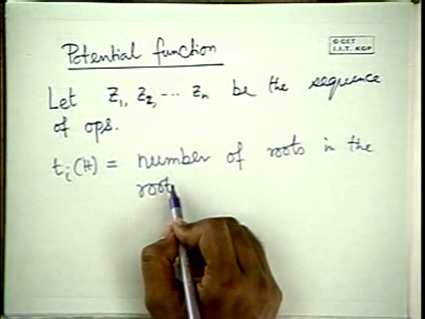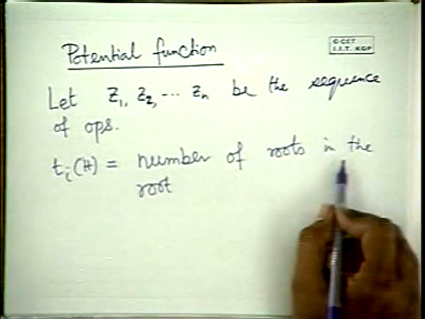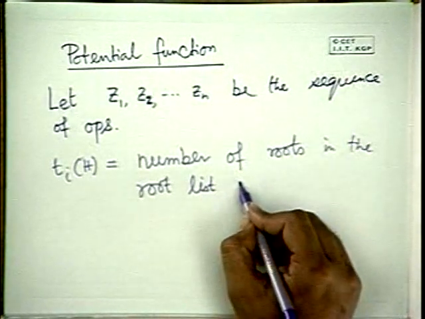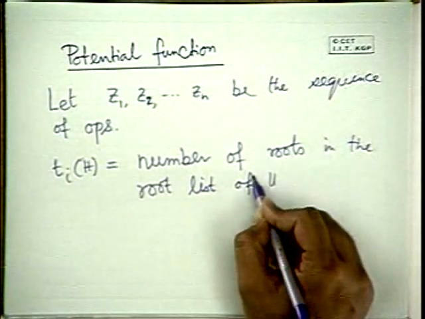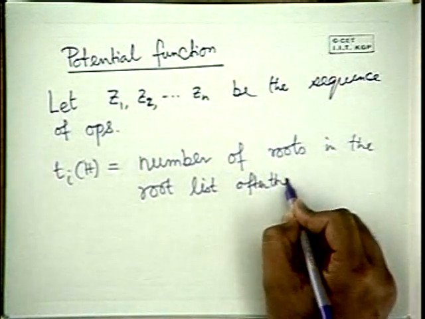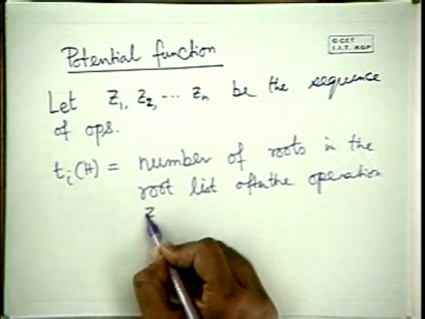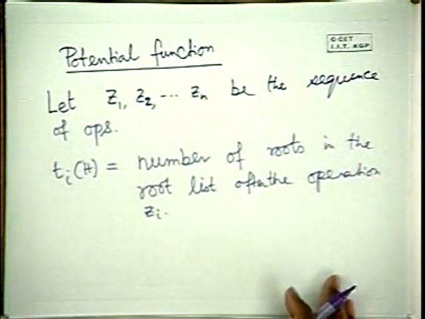That is the root list. So the number of roots in the root list after the operation Zi, that is Ti of H.